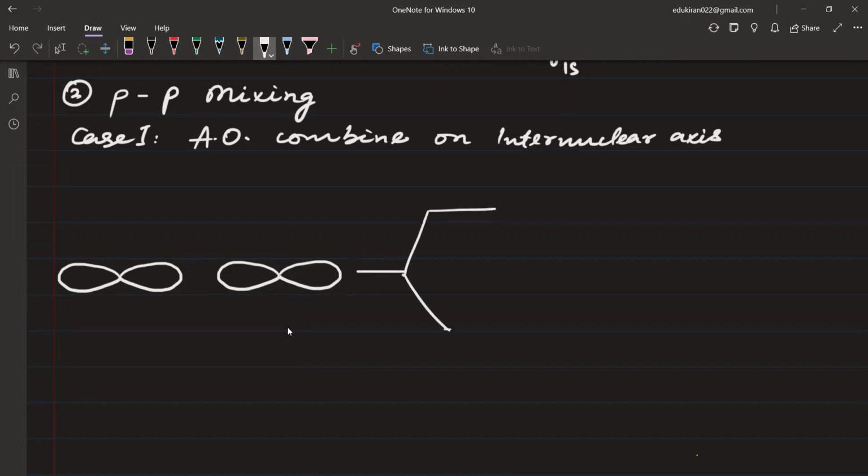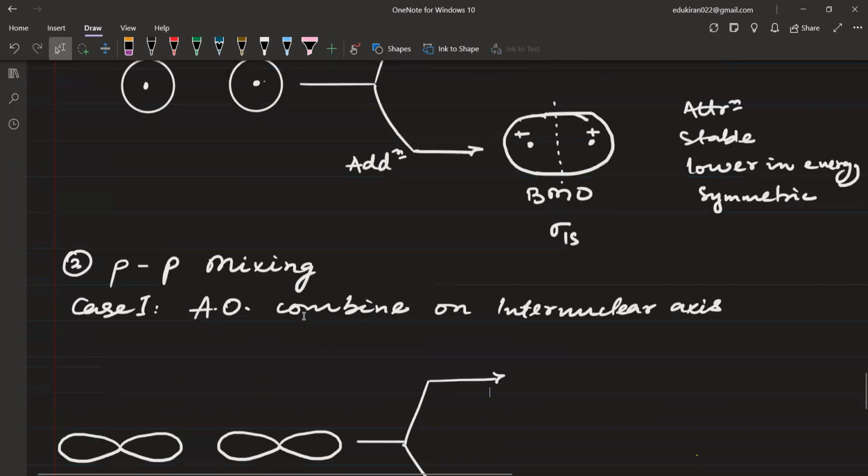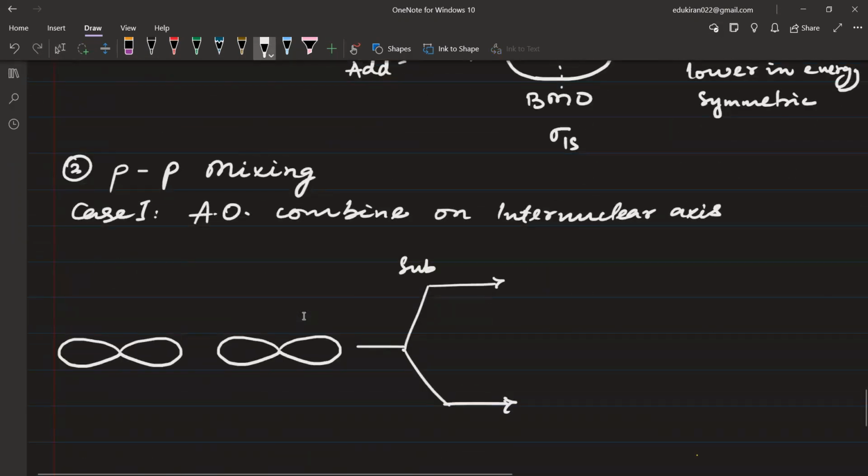And there can be a case in which they are not mixing in the same phase, right? So first of all, I am going to write here: this will be subtraction, higher energy. Here we are going to do addition. When we do addition, both of these lobes combine with each other and make something like this.